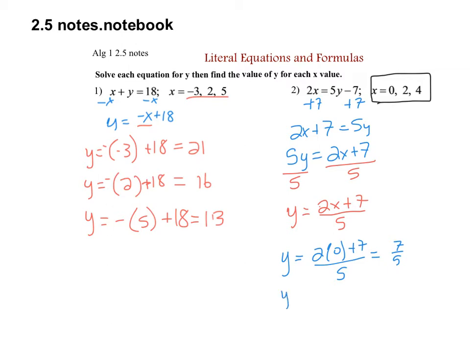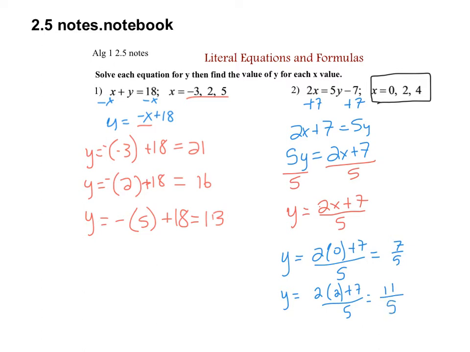Also, we're going to have y is equal to 2 times 2 plus 7 over 5. On this one we have 2 times 2, which is 4, plus 7, so we have 11 in our numerator and 5 in our denominator.